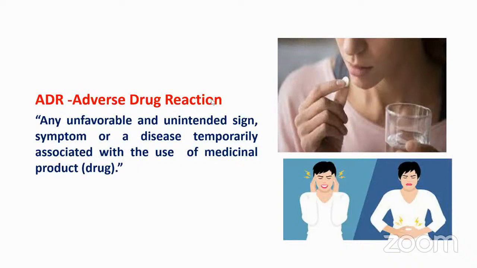So it may be an unintended sign or unfavorable symptom or a disease which is temporarily associated with the use of a medicinal product. So this is the adverse drug reaction definition: any unfavorable, unintended sign, symptom, or disease which is temporarily associated with the use of a medicinal product is called adverse drug reaction.